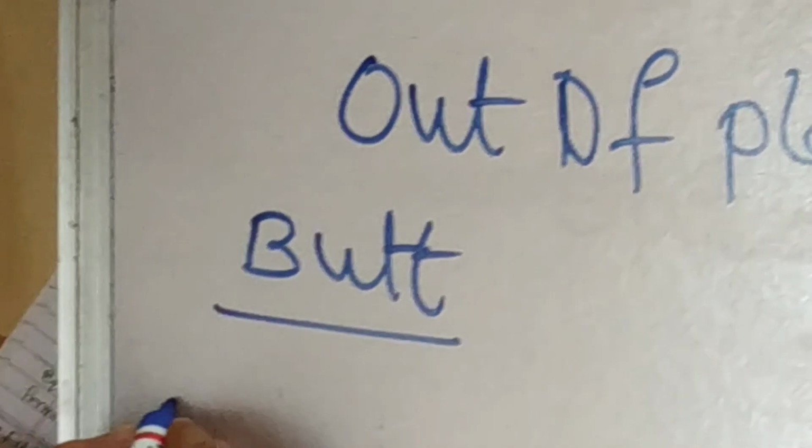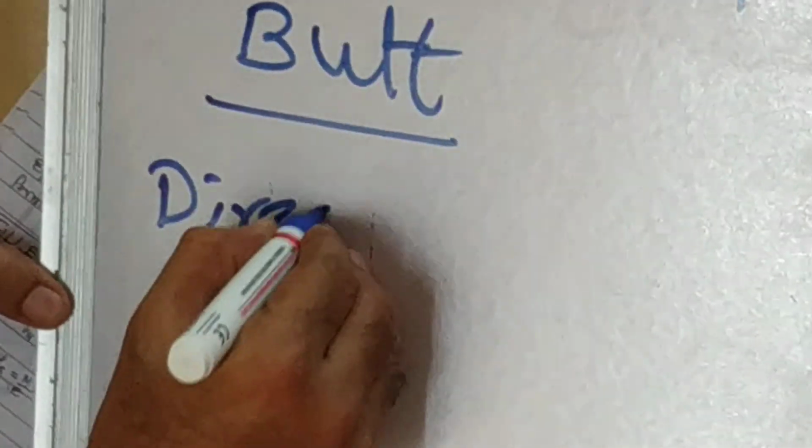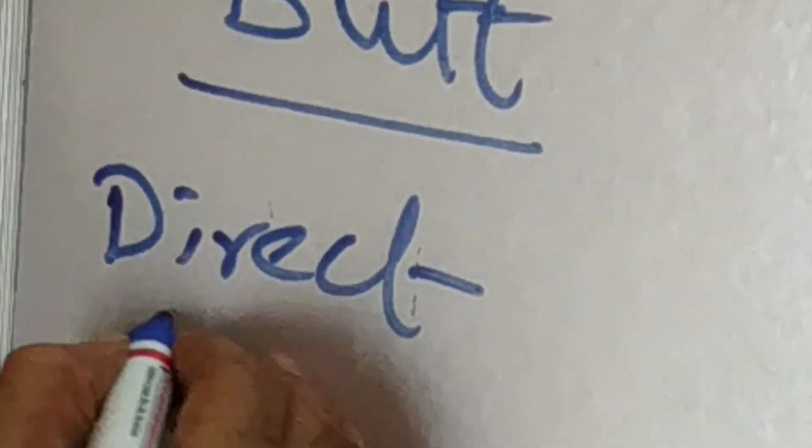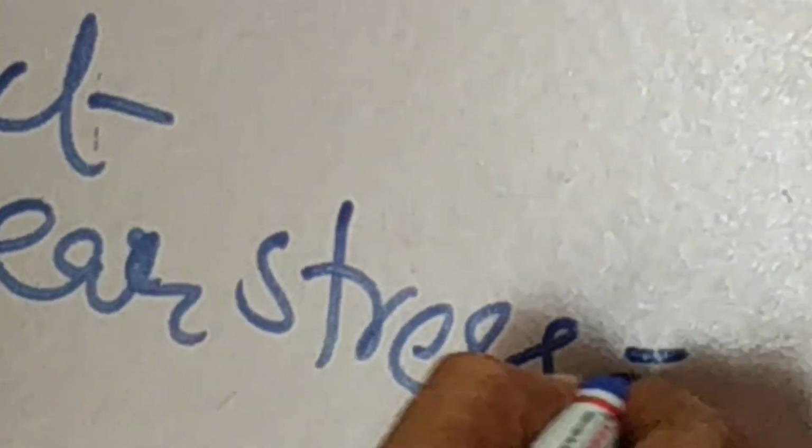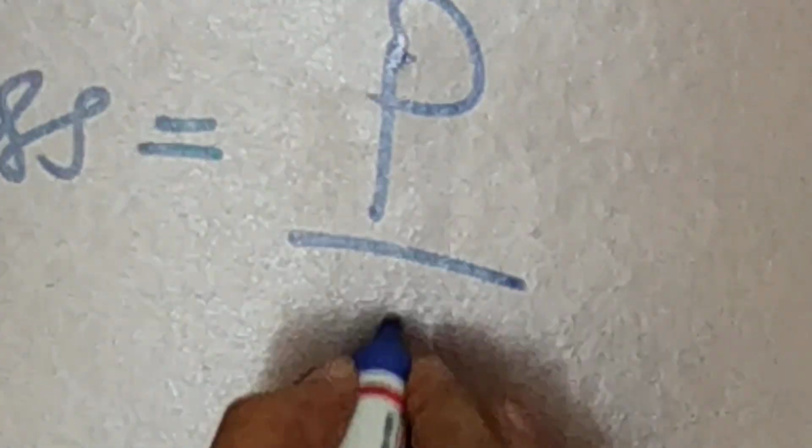So as I mentioned to you, there will be a direct shear stress. Let me explain first about the butt weld. Shear stress equals P by D into TE. And I can draw you a small diagram of this.